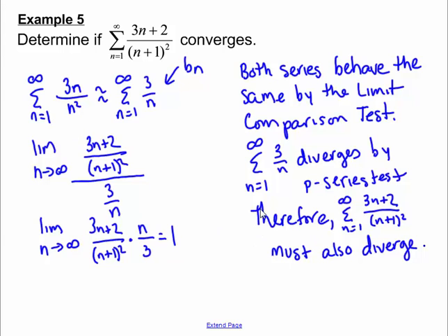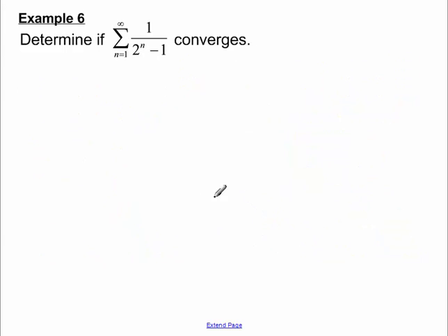Okay, next example. So determine if this converges. So again, this is my a sub n. And again, simplify that. So we're going to compare this to the series. Take away the minus 1. 1 over 2 to the n.